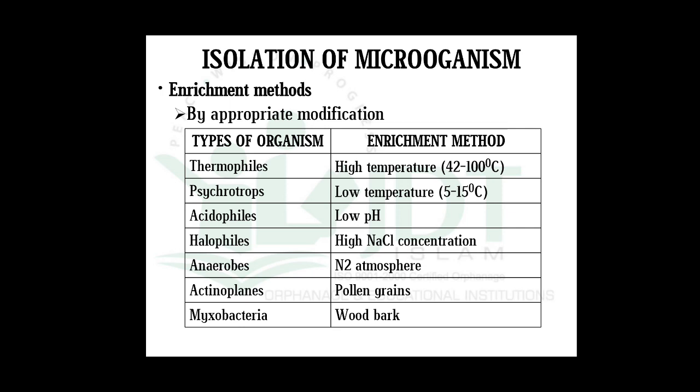Then acidophiles by using low pH, halophiles high NaCl concentration, anaerobes in a nitrogen atmosphere, and then actinoplanes by using pollen grain, and myxobacteria by using bark. So these are the different isolation methods of microorganism.